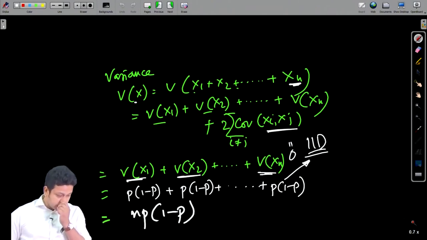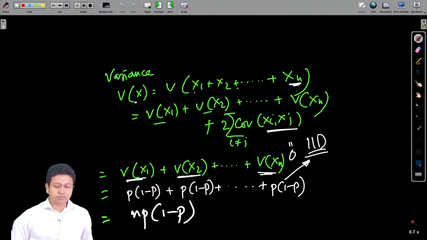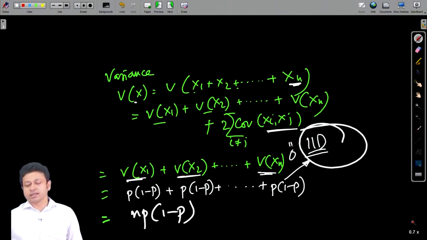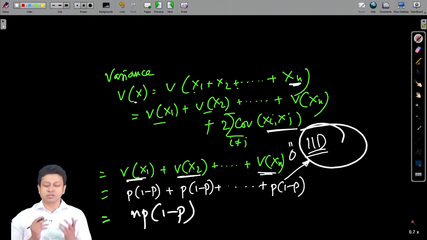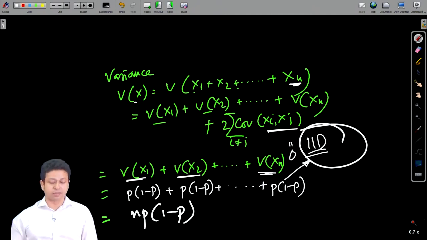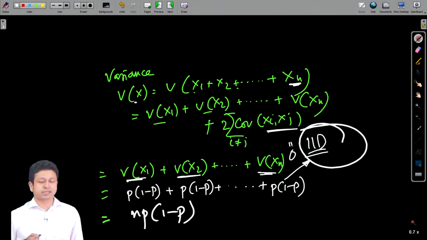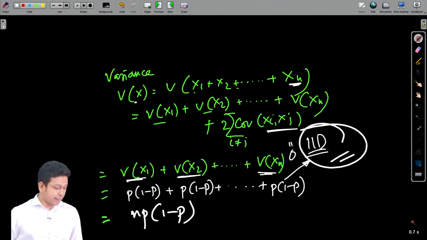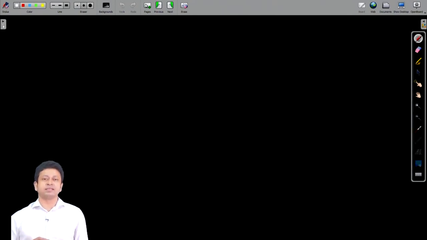Okay. So, now since we have learned the term IID and we have seen the importance of IID when you derive all these different characteristics of these distributions, let us delve a little deeper into the term IID and see what we can call IID and what may not be an IID process.